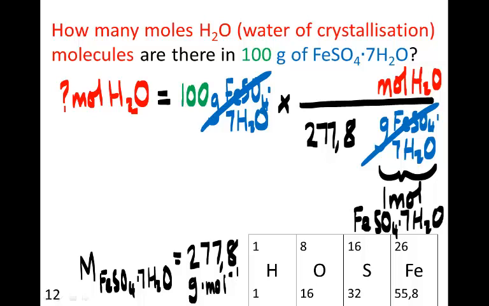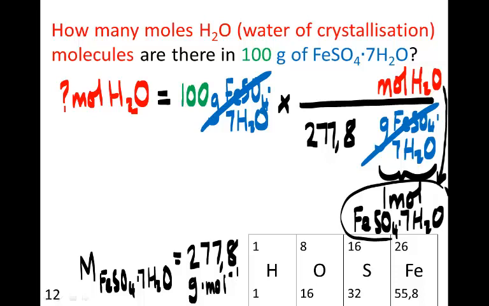So the bottom refers to 1 mole of this iron sulfate. Therefore, the top also has to refer to 1 mole of iron sulfate. So we have to ask ourselves, how many moles of water of crystallization are there inside 1 mole of this iron sulfate?